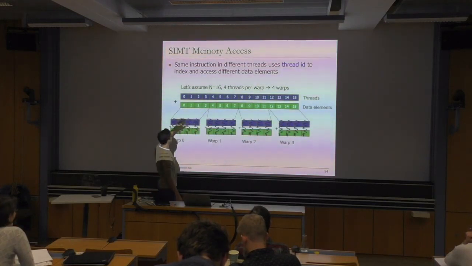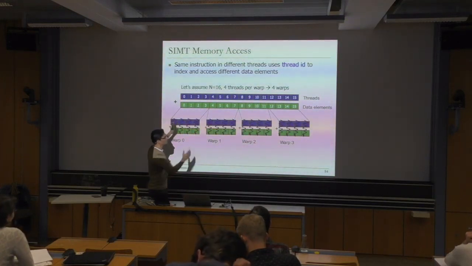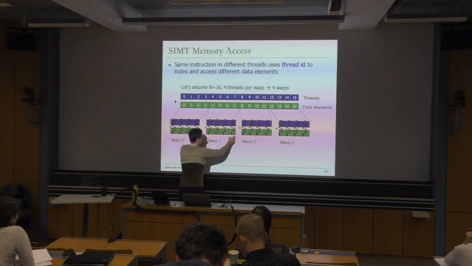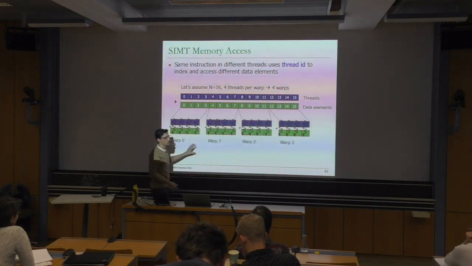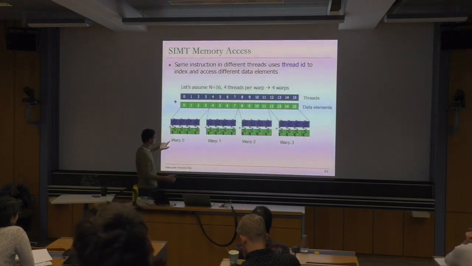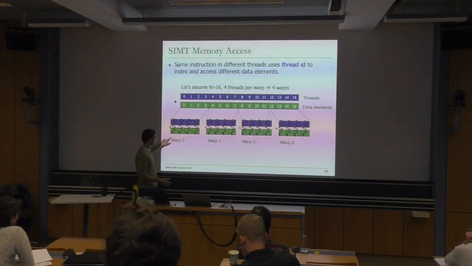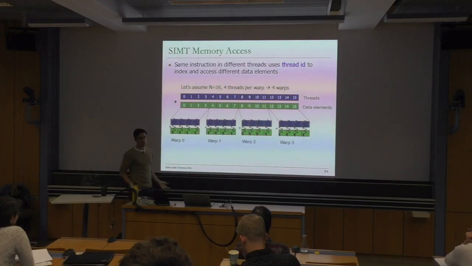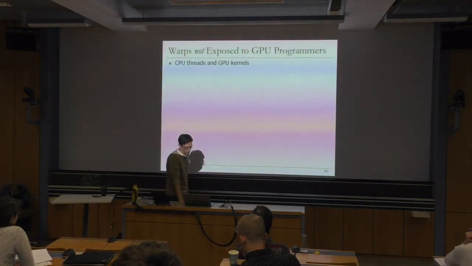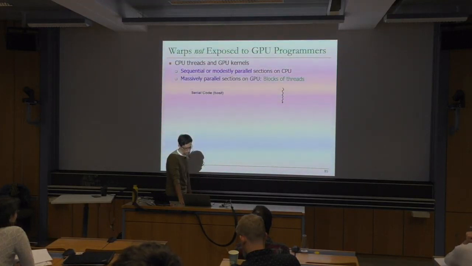And then the hardware will say, okay, I have 16 threads, and I'm going to group them in groups of 4, and each of these groups of 4 is going to be a warp. And when we execute the instructions corresponding to these 4 threads, I'm going to launch these instructions for the entire warp at the same time, right? So that's more or less what we have already seen in the previous slides.